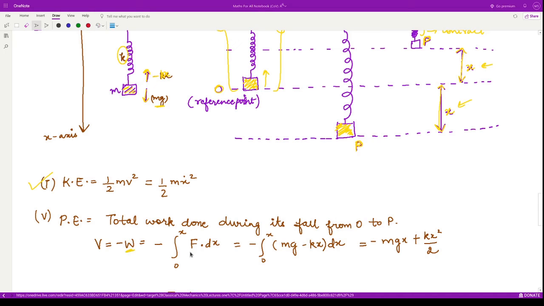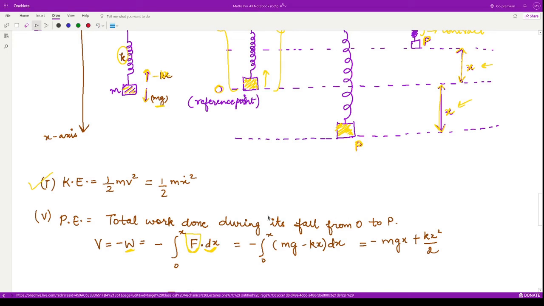It is the amount of force which has been applied to displace the body through a very small displacement dx. So total work would be integrating it from 0 to x. 0 is the reference point, and whatever displacement we have covered, till there we'll calculate the amount of work done by the system.